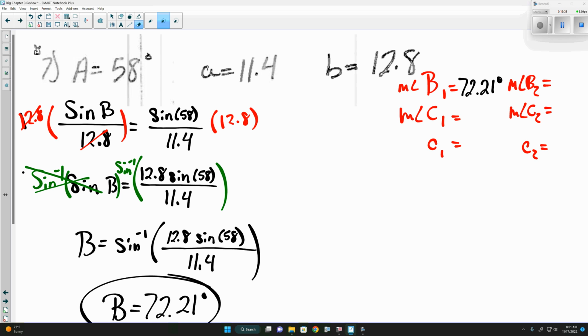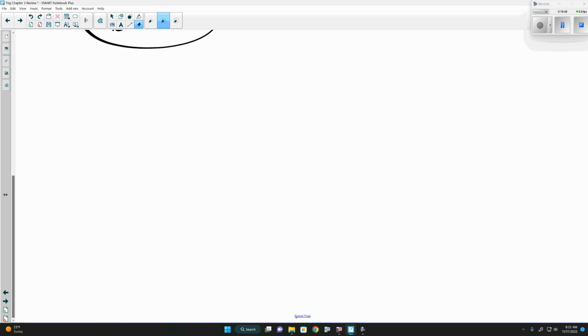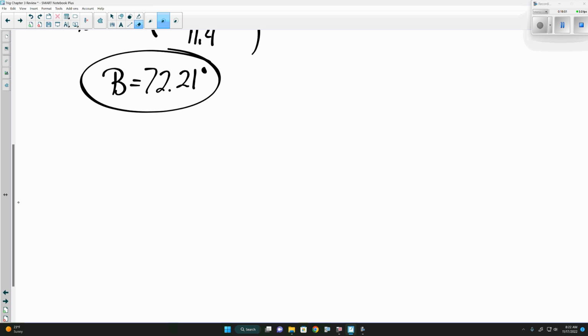You all remember how we find the other angle B? We take that angle and subtract it from 180. So to find the other measure of angle B, we take this 72.21 and subtract it from 180.